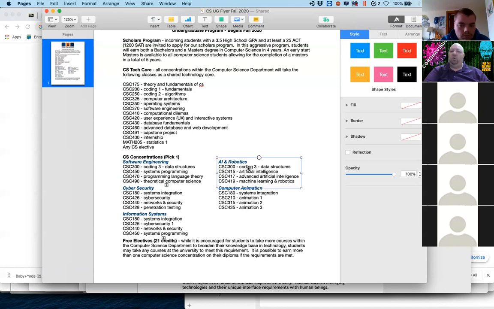And because the tools that we use to do that are constantly evolving, they require less code and more using those software tools to solve problems. So for instance, if you were to go out and start becoming a data scientist or a machine learning person, you wouldn't be writing the back propagation algorithm that you might learn in an AI class by hand. You would use Amazon's ML library or TensorFlow from Google, which has all that built into it, and you would become an expert at using those tools.